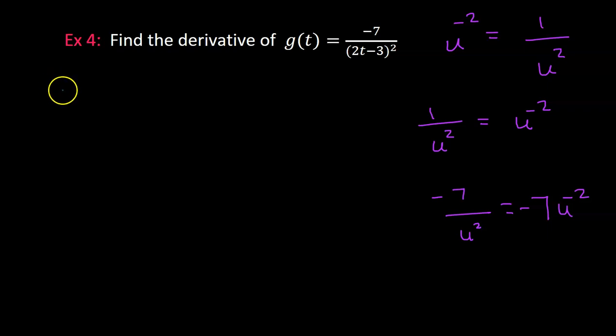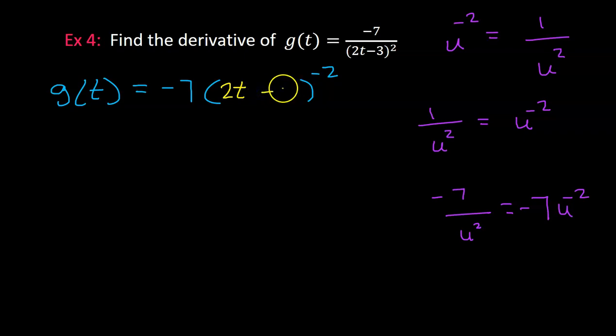So your first step will be to write g at t equals negative 7 times parentheses to the negative 2 power. And then that's the outer function. The inner function is the 2t minus 3.